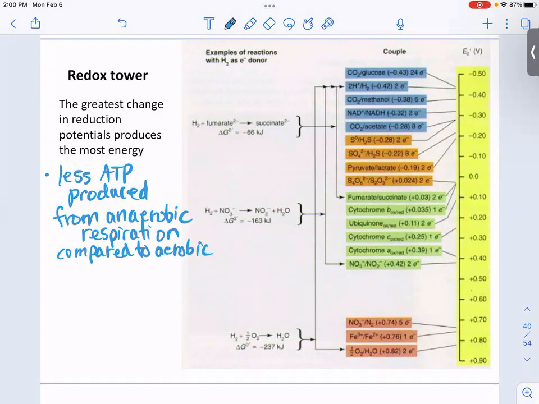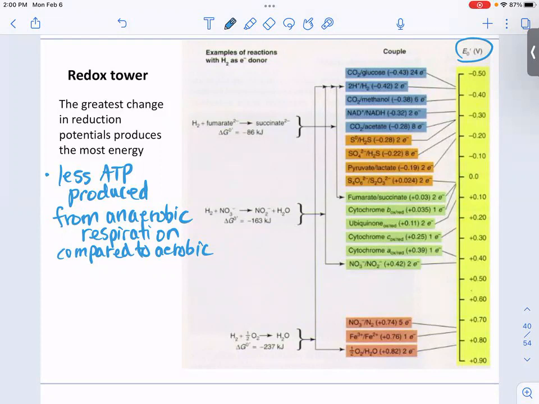I could just tell you that and have you memorize it, but I think it's helpful sometimes to understand why that is. It might stick with you a little better. We can actually put electrodes in cells and measure this redox potential. We measure that in volts, something we call E naught prime.